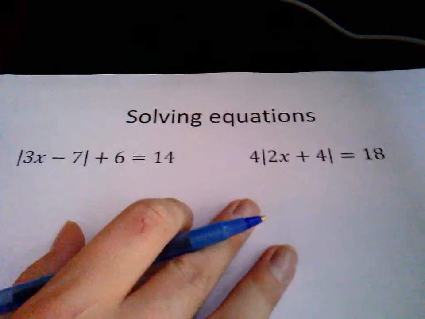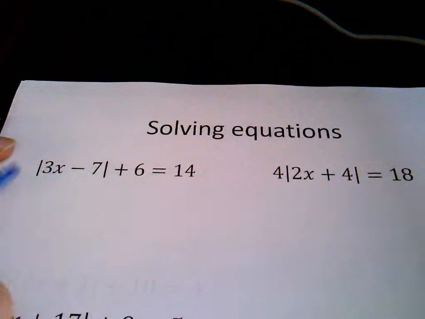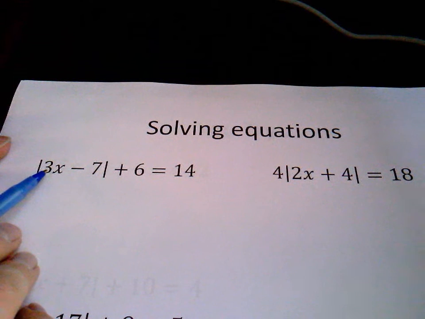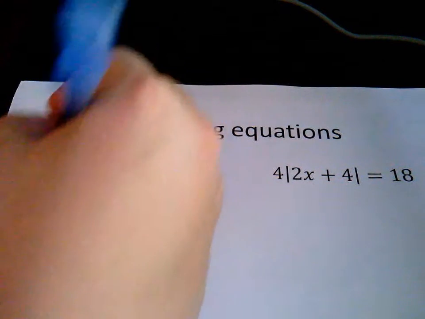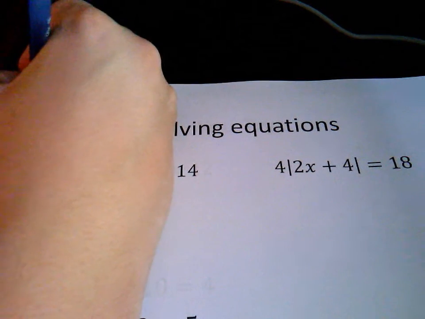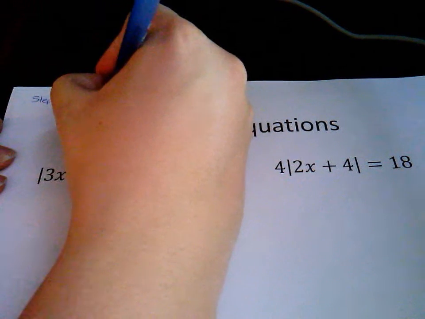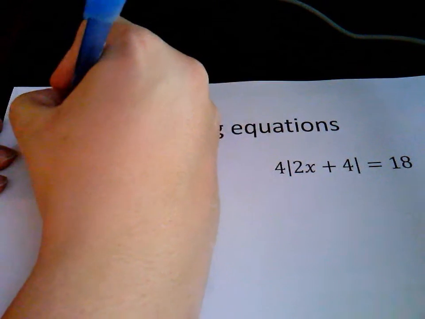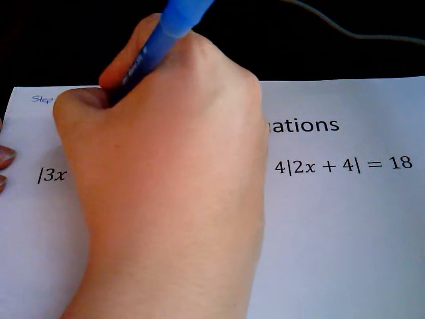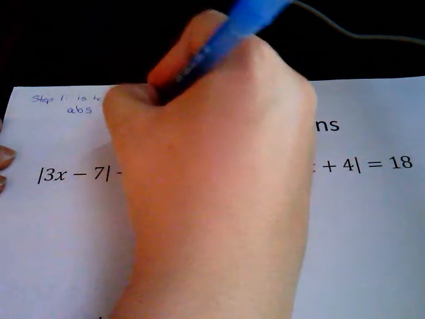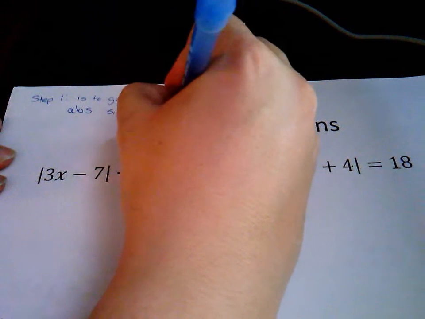Now, when it comes to equations, what we're actually trying to do is figure out what x is. Now remember, there's going to be two answers to this, and this is how you solve problems like this. Your step 1 is to get the ABS, I'm going to abbreviate absolute value by ABS, signs by themselves.